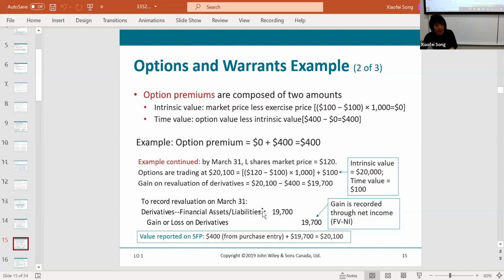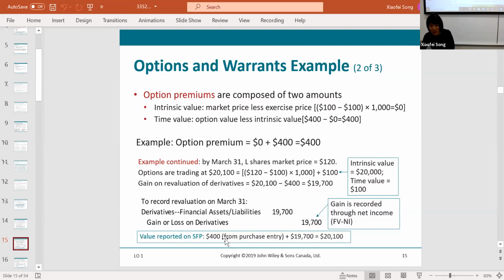On March 31st, the value of the option increased to 20,100, so we need to make an adjustment. This 19,700 adjustment will make the options on the statement of financial position have a balance of 20,100.